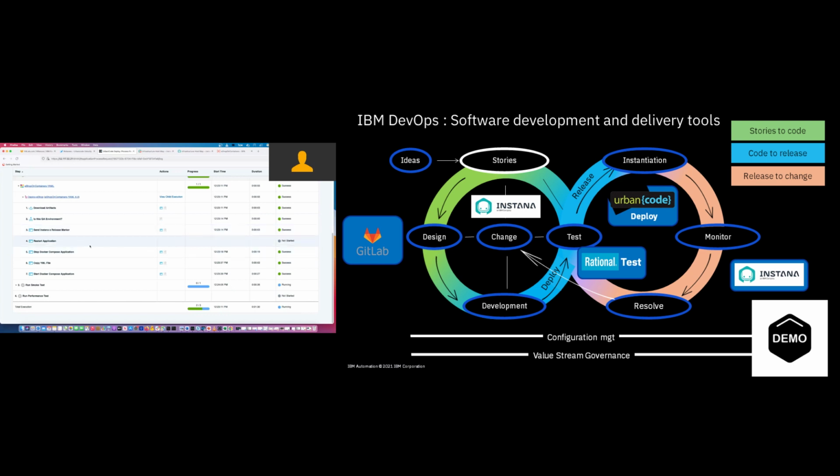Now at the very bottom, we are going to run a performance test. The reason for this is we want to simulate users interacting with the application, as if this was a production environment where customers are interacting with the application.